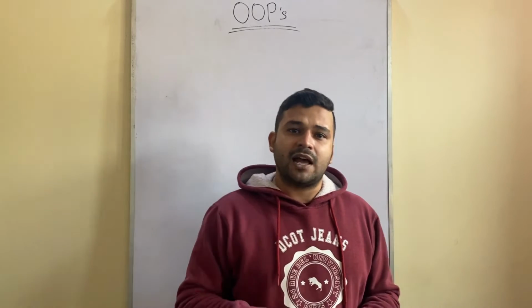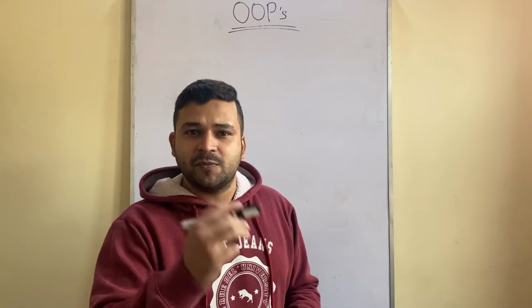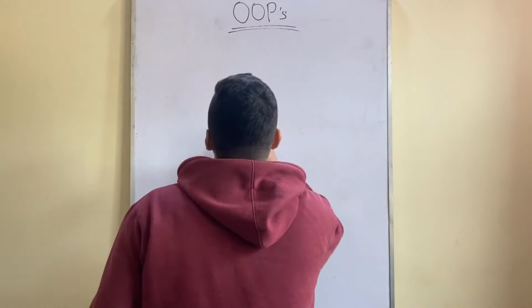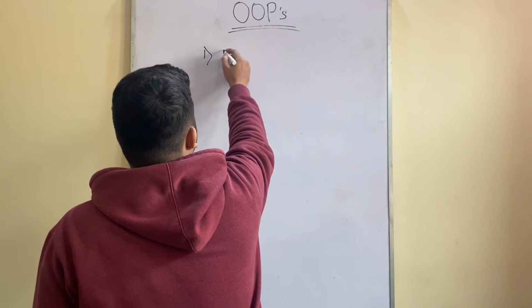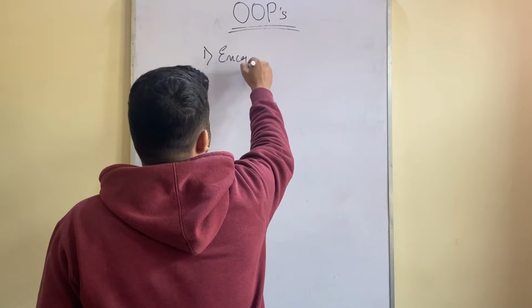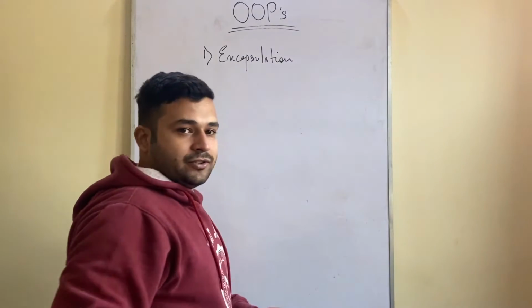Now what are those pillars? I am just going to give you a brief introduction about those 4 pillars. So let's begin. The first one is, the order may change, encapsulation.